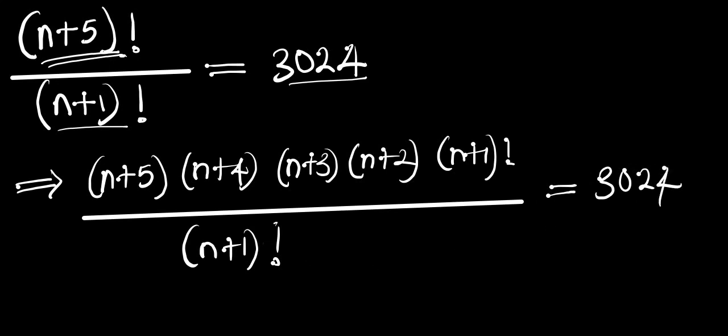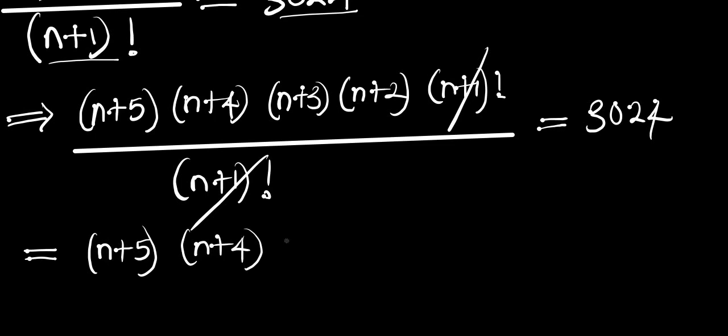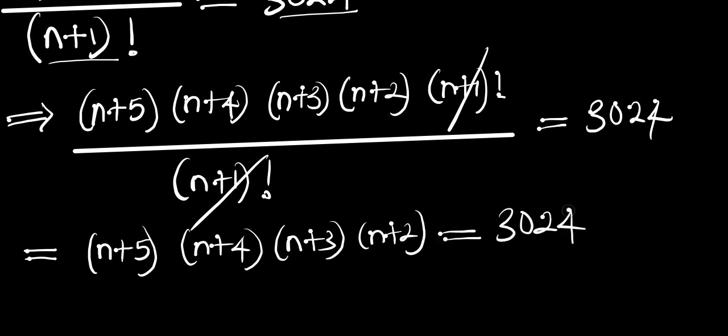So from here, (n+1)! will cancel (n+1)!, and what we are going to be left with is (n+5)(n+4)(n+3)(n+2), and this equals 3024.